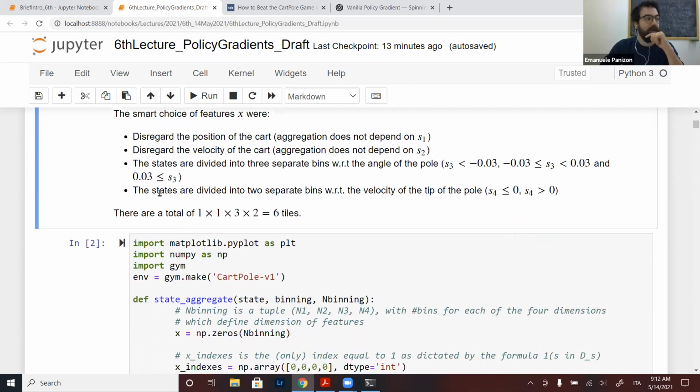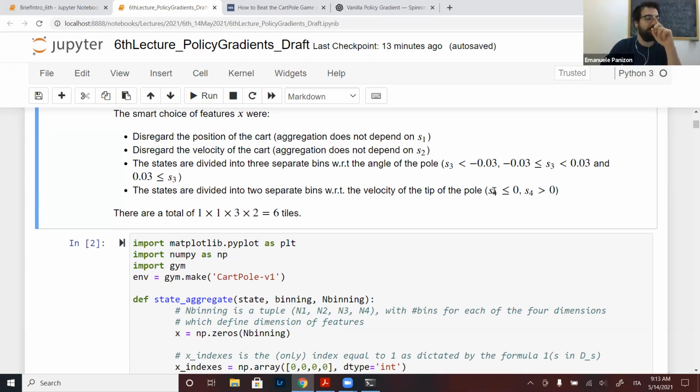Okay, and then the last binning was that we divided the states depending on the velocity of the tip of the pole, which is essentially a proxy for the angular velocity. And we divided it by 2.